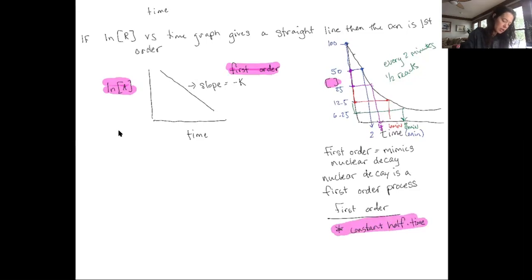But note, that's when it's graphed just the concentration versus time. On the other hand, if you graph the natural log of the concentration versus time, you'll get a straight line, okay? Whose slope is equal to negative k.